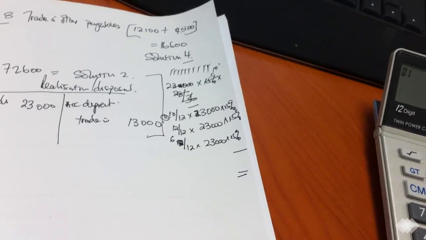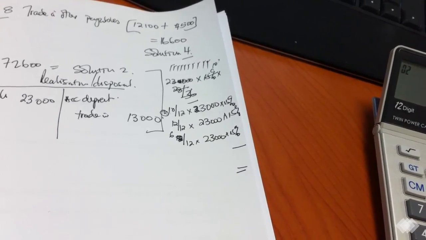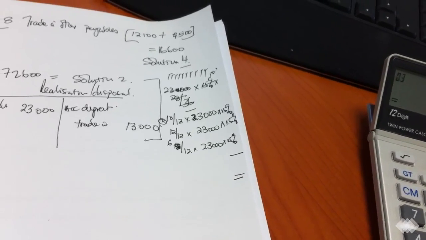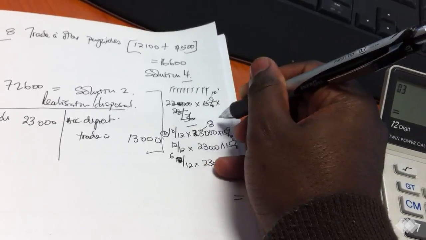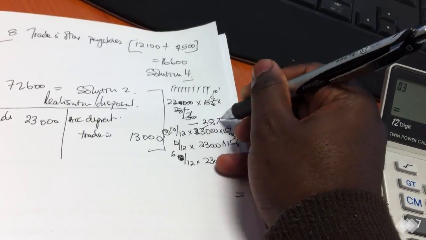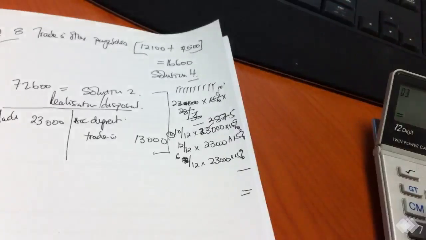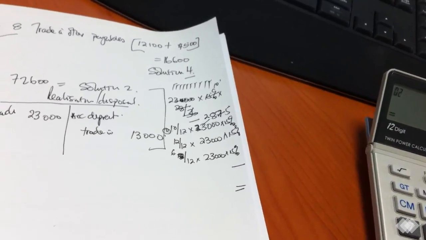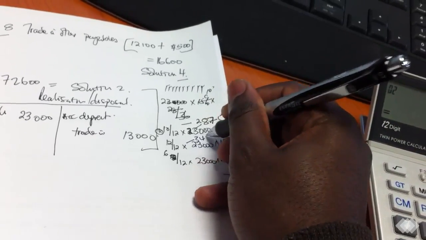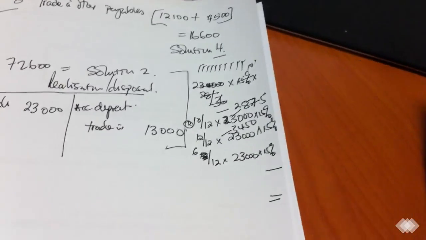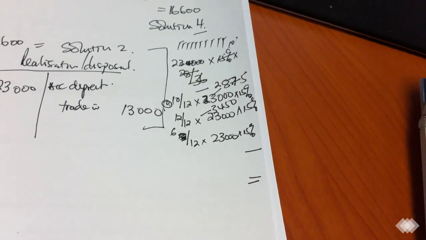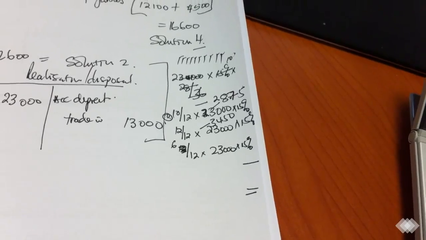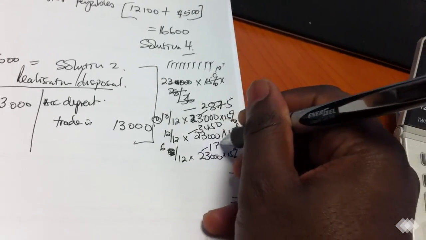So 23,123 multiplied by 15% multiplied by 10 over 12. So the first one is 2875, and the second one is 3450, and then the third one is 1725.